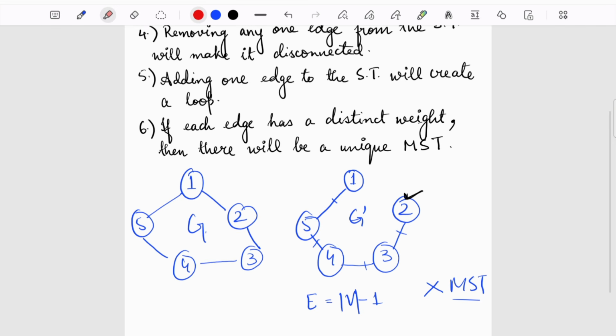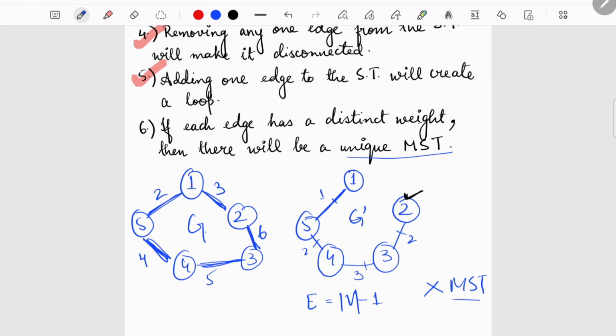Then the next property says that if each edge has a distinct weight, then there will be a unique minimum spanning tree. So if there are edge weights here, something like this, and every edge in the graph has a distinct weight, different weights: this is 2, this is 3, this is 4, this is 5, this is 6.